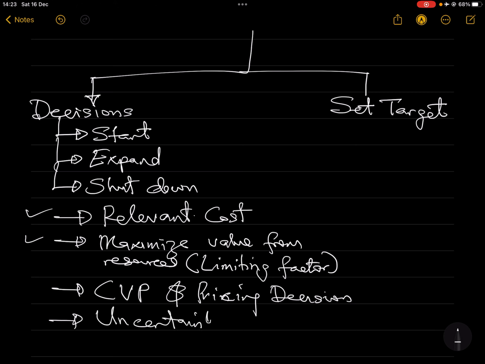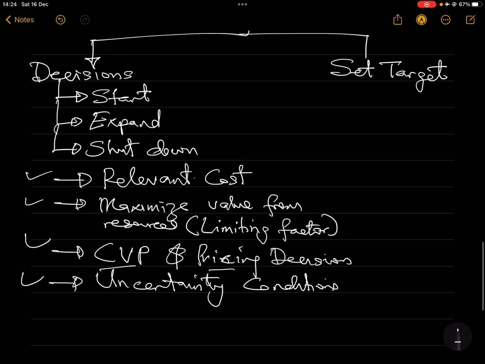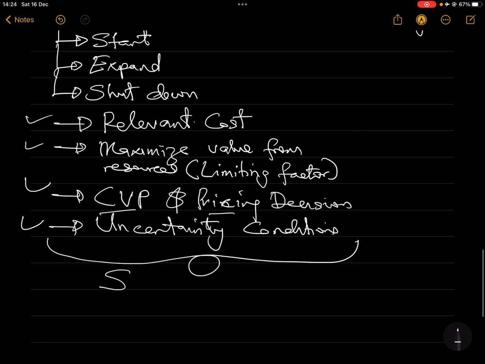So we're going to learn about how you manage risk. So we're going to learn all of that. So all these areas that I've mentioned, this is your section C of the syllabus.